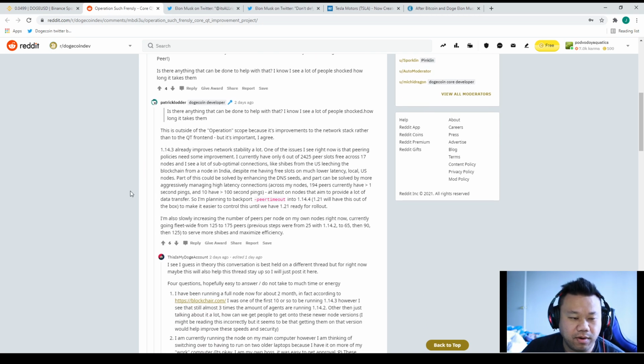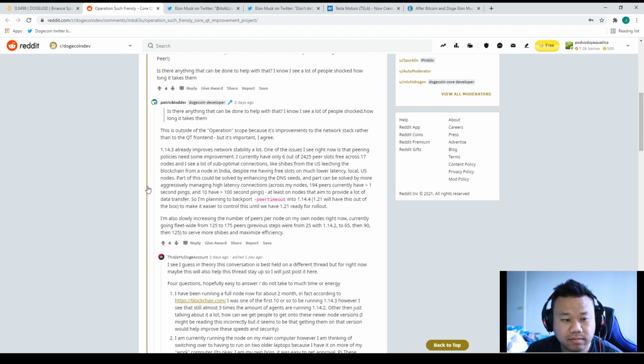Oh, I'm sorry, I read that already. "1.14.3 already improves network stability a lot. One of the issues I see right now is that the peering policies need some improvement. I currently have only 6 out of 2,425 peer slots free across 17 nodes, and I see a lot of suboptimal connections, like peers from the US leeching the blockchain from a node in India."